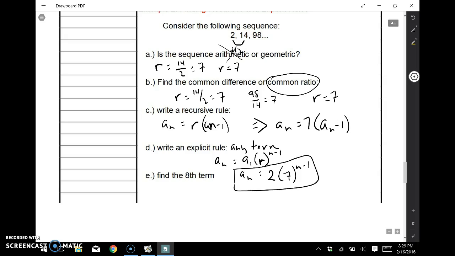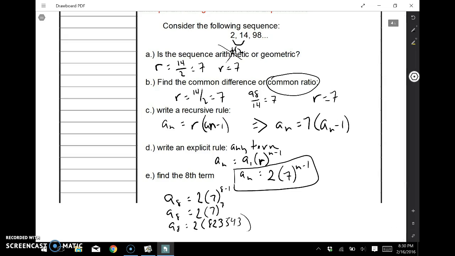To find the eighth term, all I have to do is go a sub 8 is equal to 2 times 7 to the 8 minus 1. a sub 8 is equal to 2 times 7 to the 7th power. 7 to the 7th power is 823,543.